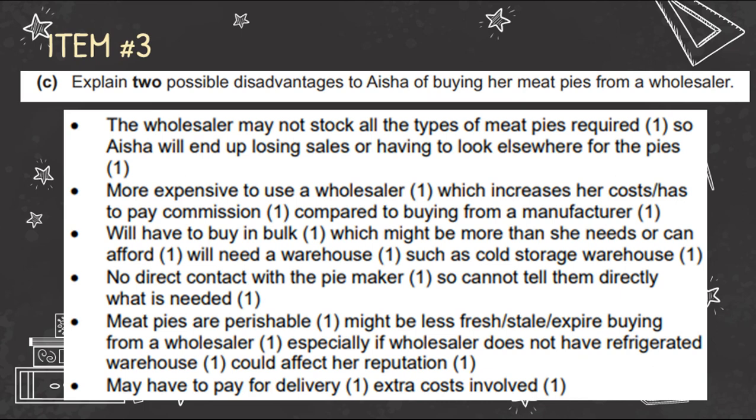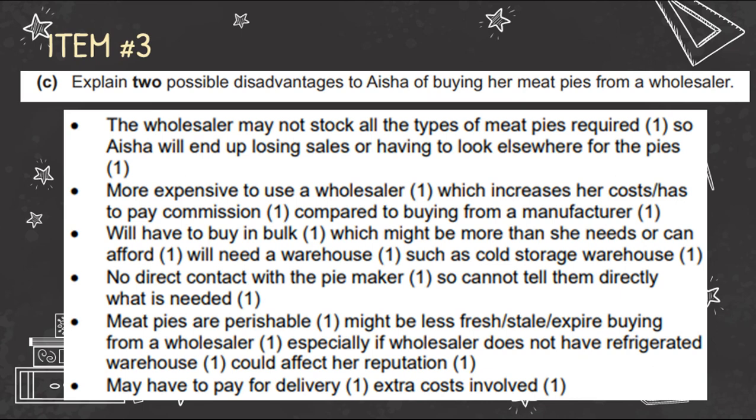So if your answer is that the meat pies are perishable, they might be less fresh from a wholesaler, especially if the wholesaler does not have a refrigerated warehouse, and it could really affect her reputation. Remember that Aisha buys her meat pies from the wholesaler. So the question is, how fresh are the ingredients of the meat pies?